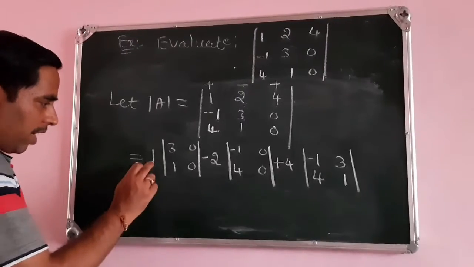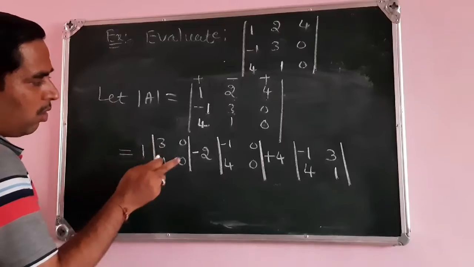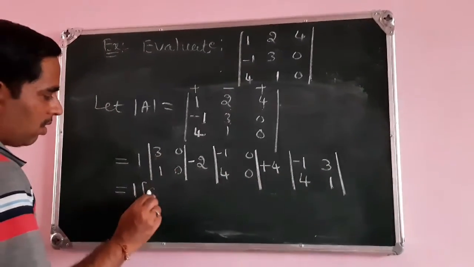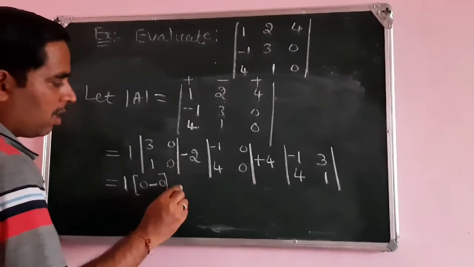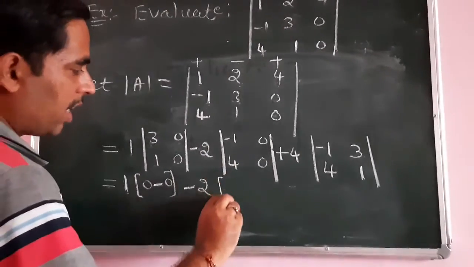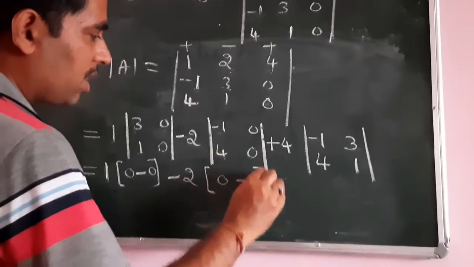Next, write plus 1 as it is. Plus 1 into, you know how to expand a 2 cross 2 determinant: 3 into 0 minus 1 into 0. That one is over. Then minus 2 into the next determinant: minus 1 into 0 is 0, minus 4 into 0 is 0 also.